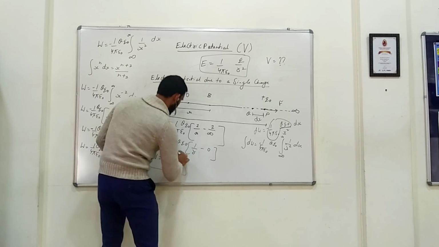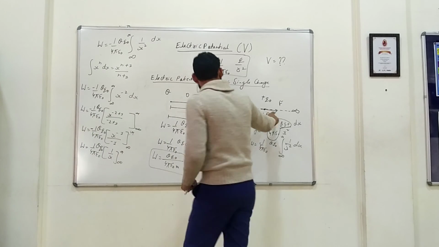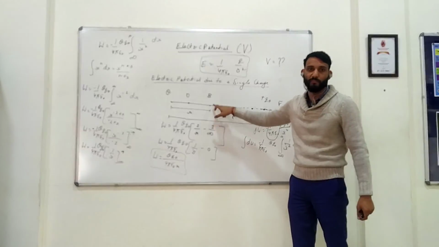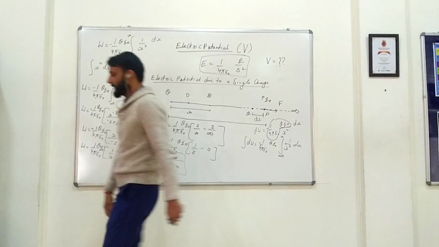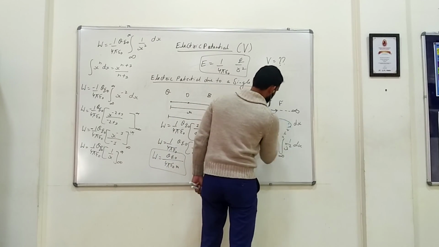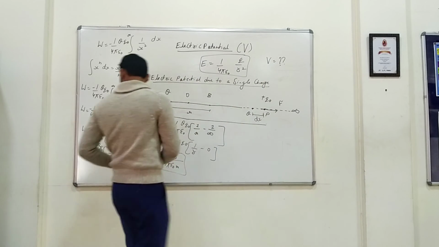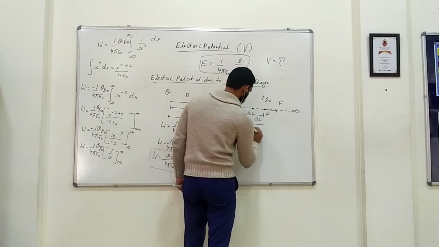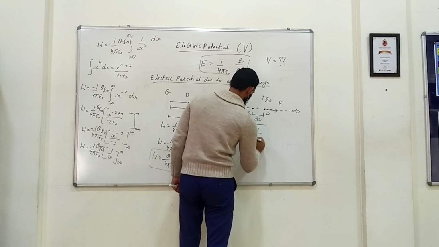So this will be the work done when we carry this unit positive test charge from infinity up to a point in an electric field. Now we all know that electric potential V is equal to W upon Q naught.